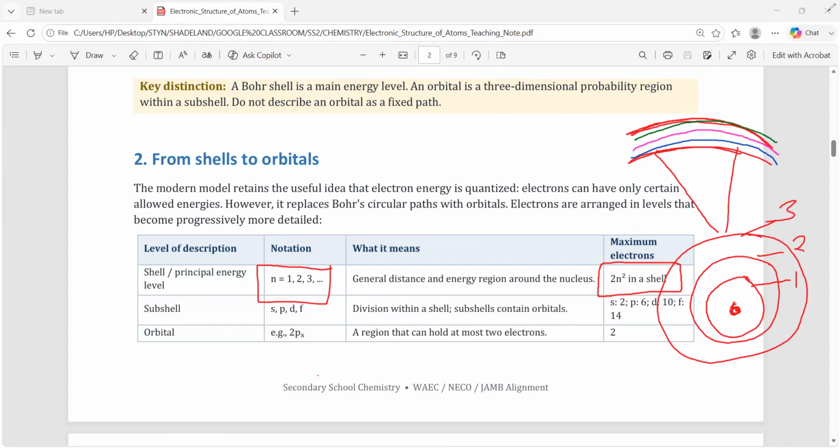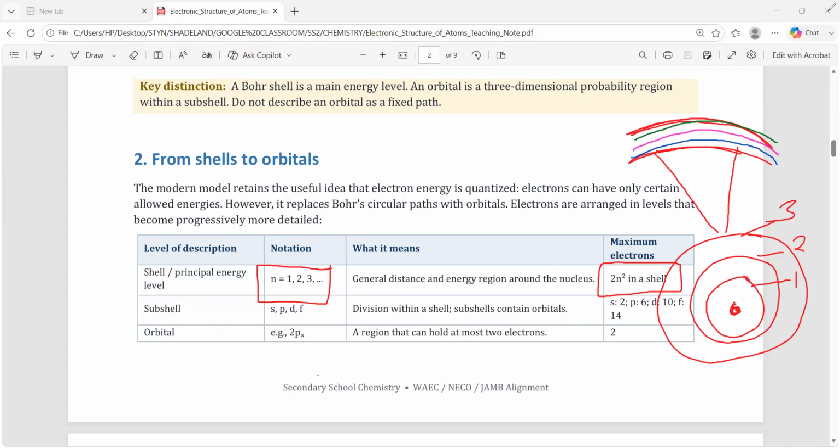So the shell is the third shell, but inside the shell, that's why I said you have to get ready your mental eyes, because we are going inside the atom now. Inside the shell, there are subshells, sub-energy levels.